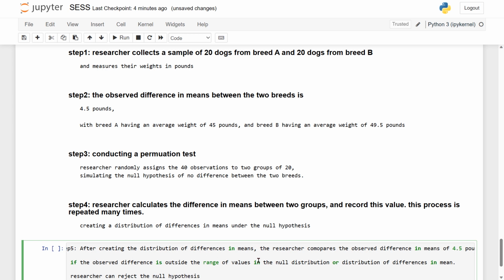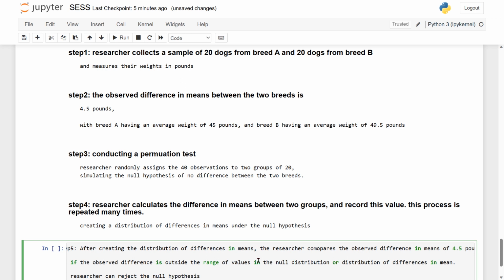If it is outside the distribution, the researcher will reject the null hypothesis, because of how we constructed it. The null hypothesis says there is no difference between group A and group B, no weight difference between this and that.